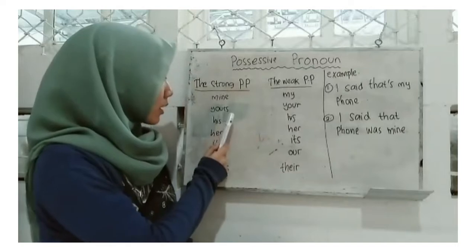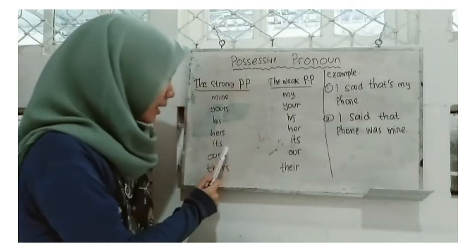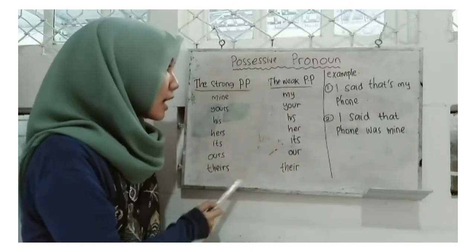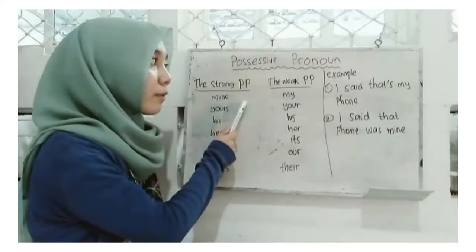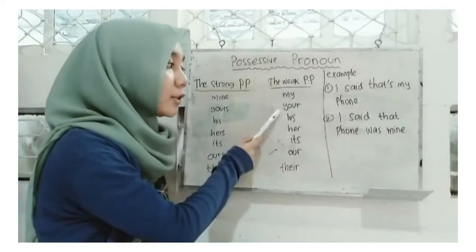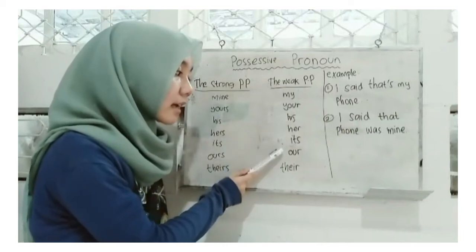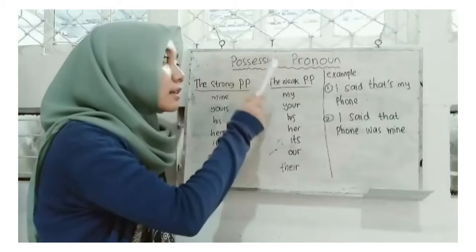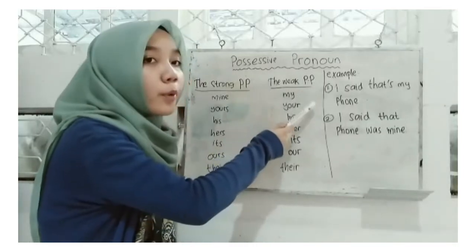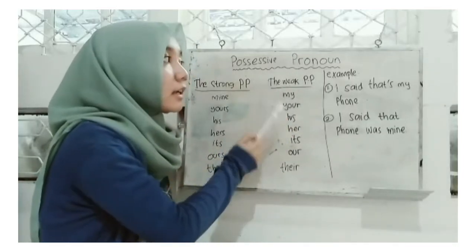Mine, yours, his, hers, its, ours, theirs are all the strong or absolute possessive pronouns. My, your, his, her, its, our, their are all the weak possessive pronouns or adjective pronouns.